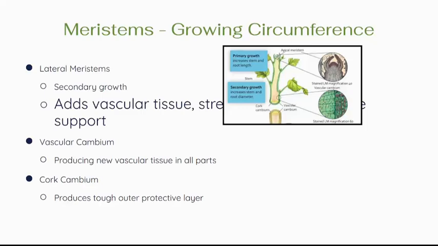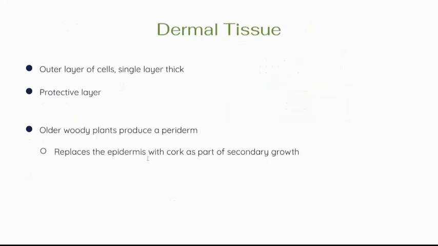And cork cambium, on the other hand, is responsible for creating a tough protective outer layer, mainly found in woody plants like trees, of course. This growth makes sure that the plant is growing bigger and fatter and not just growing upwards, or else it is going to tilt and your plant is going to fall over, and essentially your plant might die.